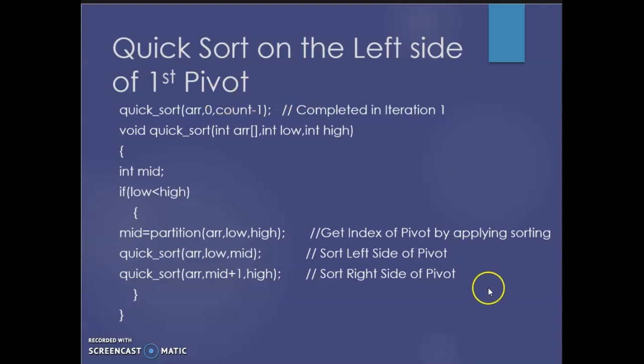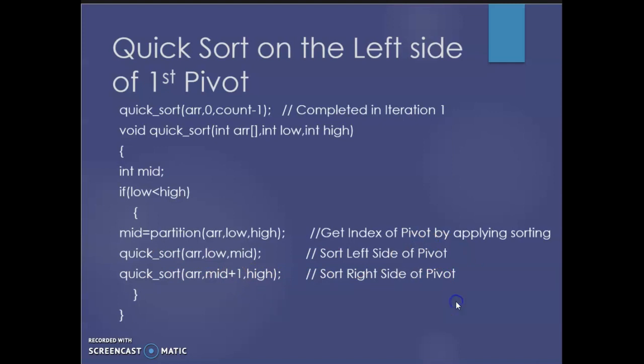That is, we will be executing this step. We have identified this mid value, that was 2. Now I will start my quicksort on the array from 0 to 2 only, that means the left side of the array. After I have completed the sorting of the left side, I perform the sorting from the index mid plus 1, that is 3 to 4, which is the right side of the pivot value.